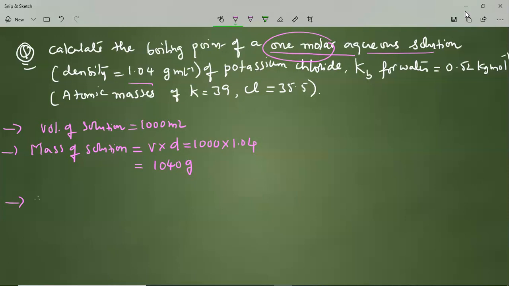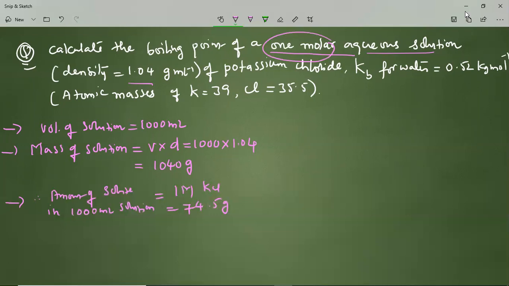Therefore, the amount of solute in 1000 ml solution is equal to 1 mole of KCl, potassium chloride, that is equal to 74.5 grams.